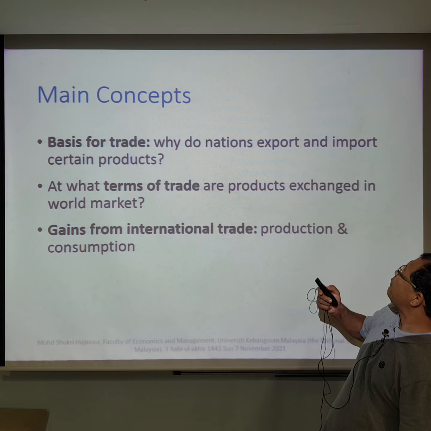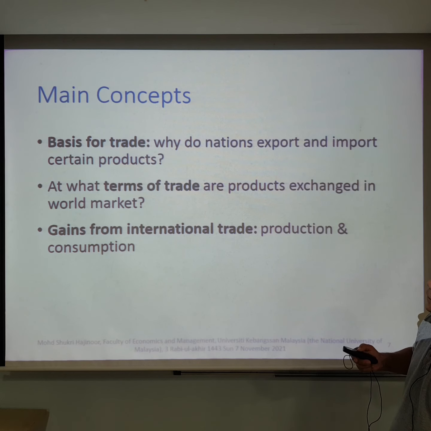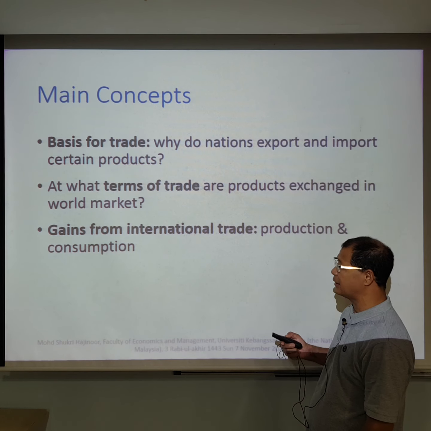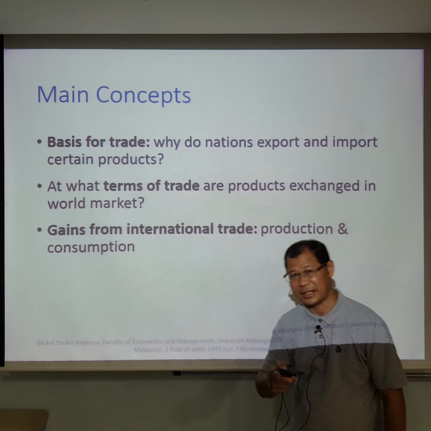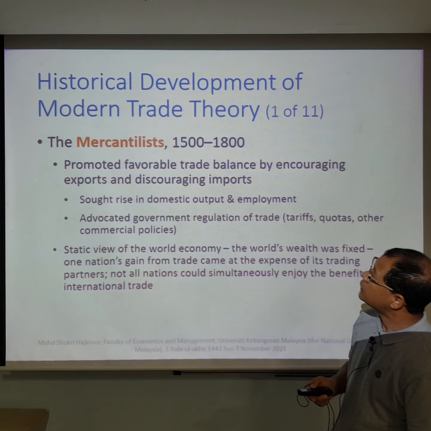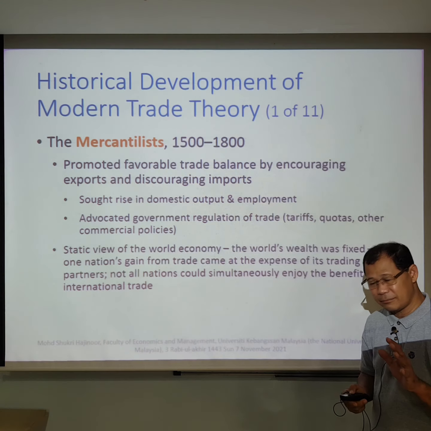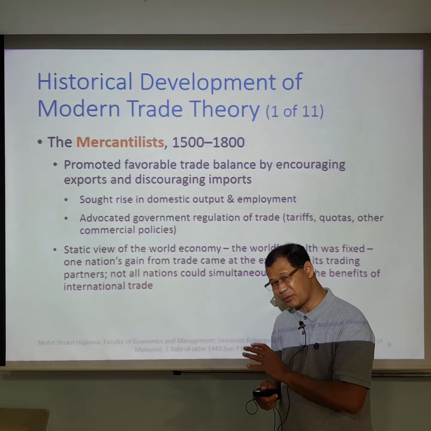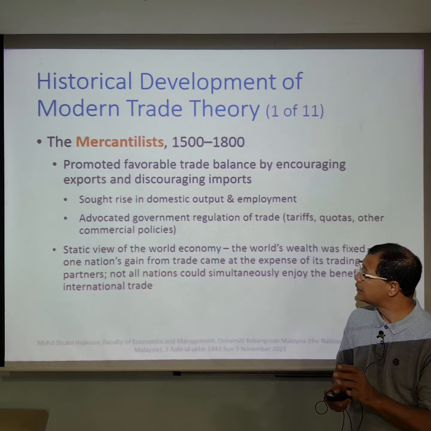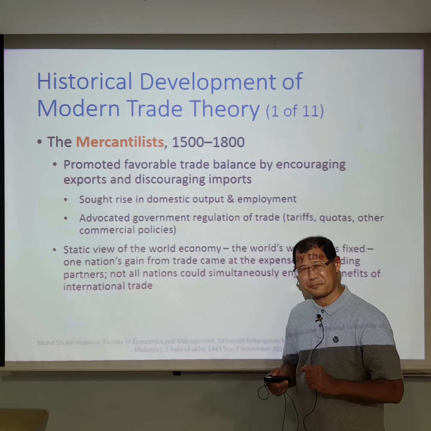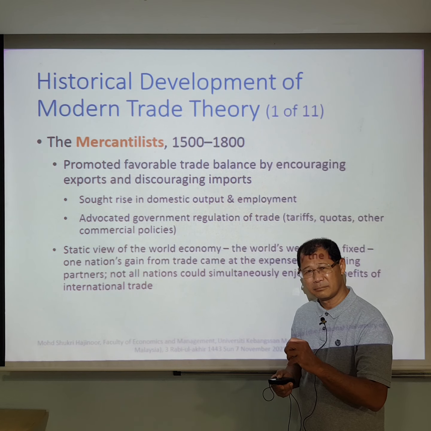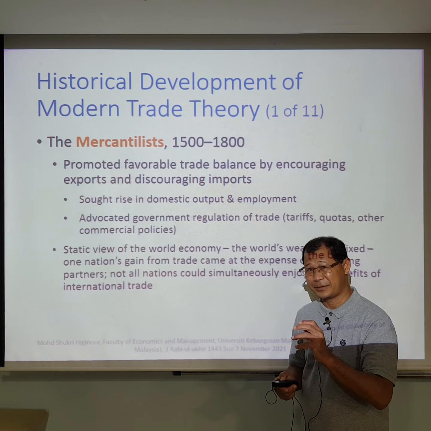Why do nations export and import? What terms of trade are products exchanged in the market, and what are the gains from international trade? So, production gain and consumption gain. Before the modern trade theory, before Adam Smith, there was mercantilism. Mercantilism is sort of the wrong teaching of trade, so we don't consider it trade theory at all.